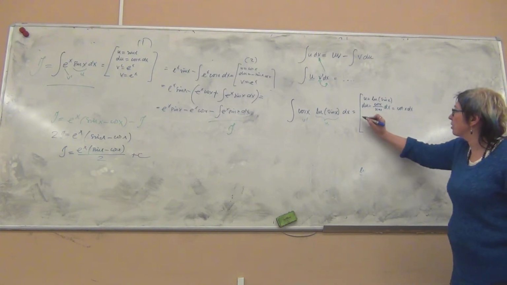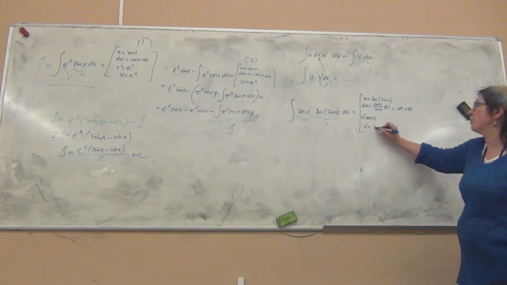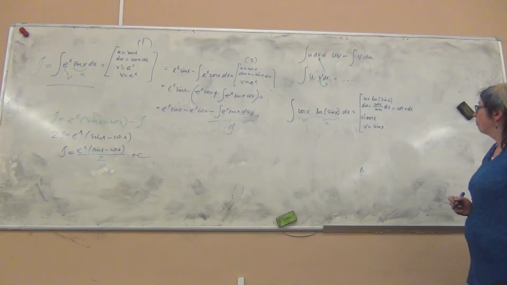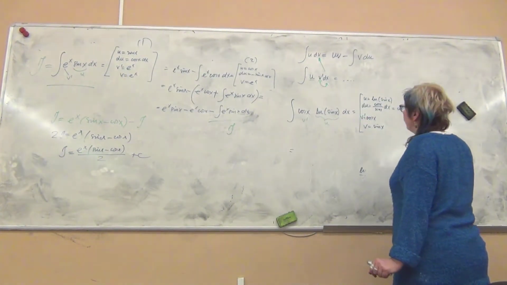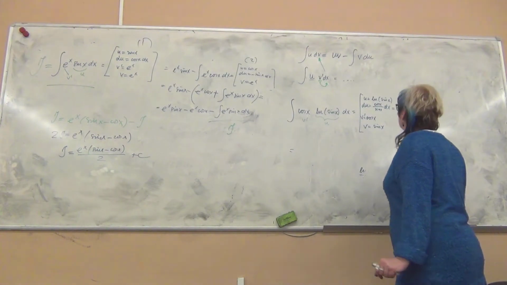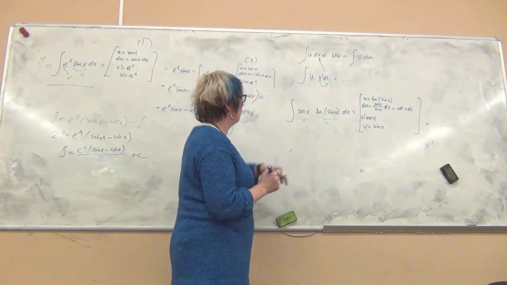Cosine of x, so that's v derivative, which means v itself is sine x. Or perhaps it won't do that. Can't remember, perhaps I got confused a little bit. Well, we'll see.